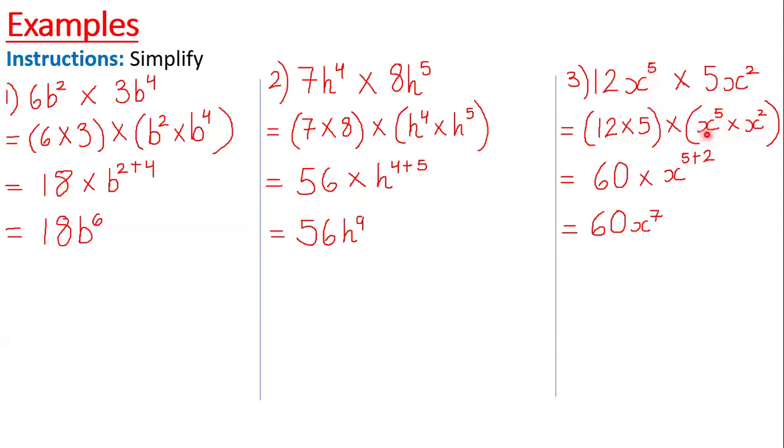Do you see that, Justin? Yes, sir. Now, if we have the same base and we're multiplying, we're gonna add the powers. So it's gonna be x to the power of 5 plus 2. You see that? 5 plus 2. And so we have 12 times 5, which is 60, and it's gonna be 60x to the power of 7. You understand that, Justin? Yes, sir. Thank you. Trayon, you understand this?